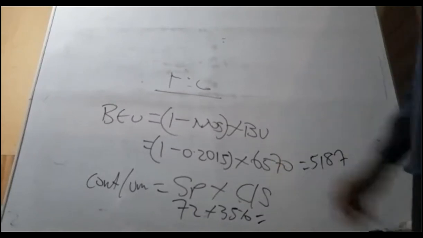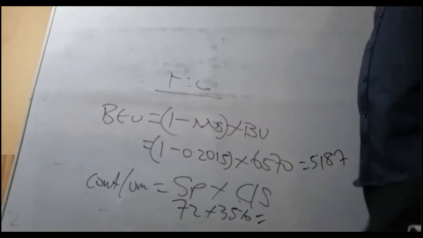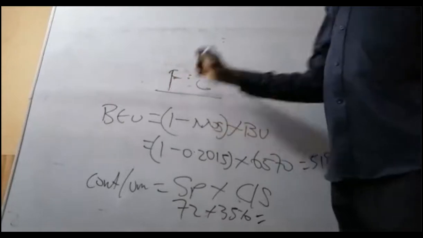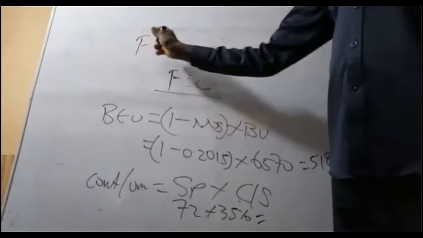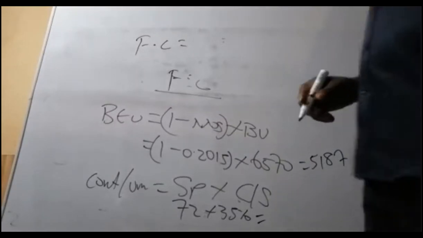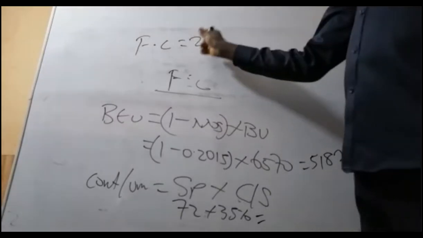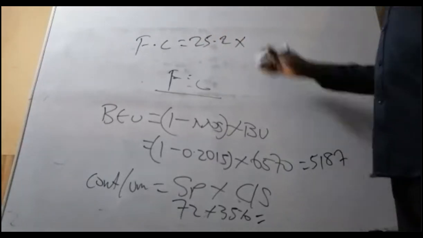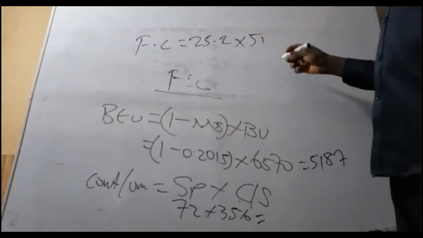Ideally, it should be less than the 5187. So therefore, the fixed cost is equal to contribution per unit 25.2 times. I hope the 5187 is correct.